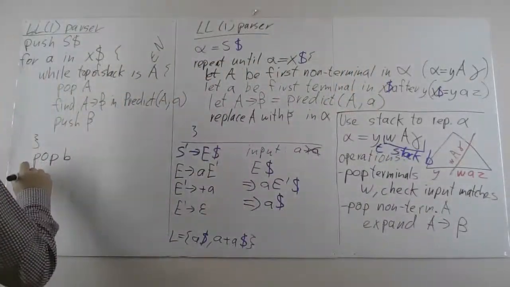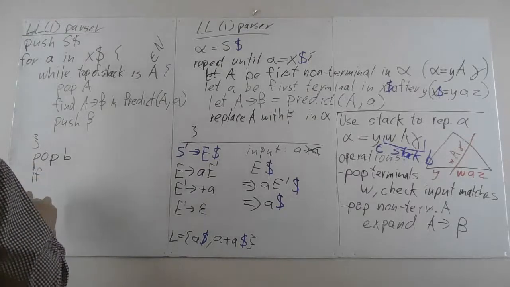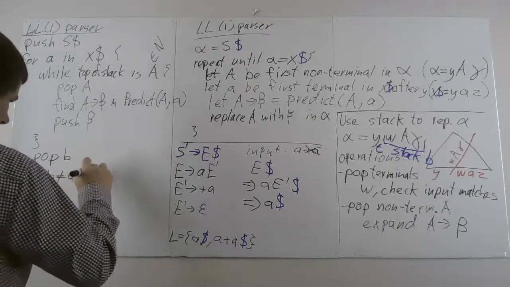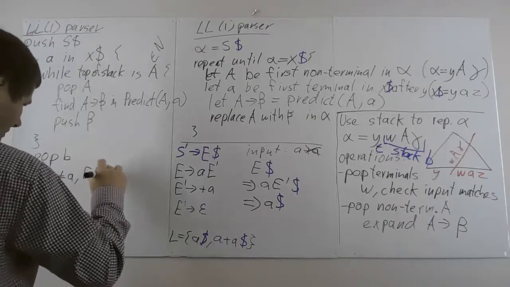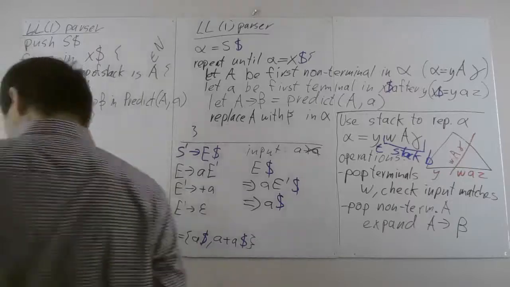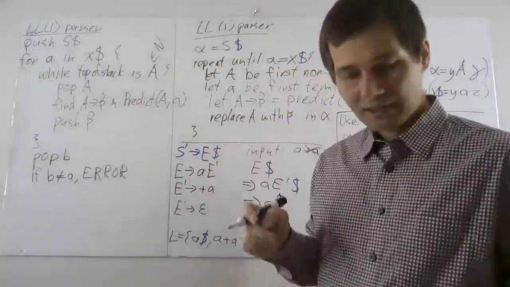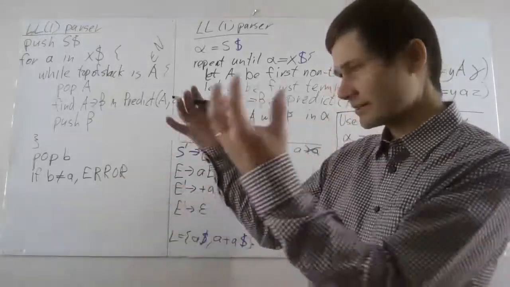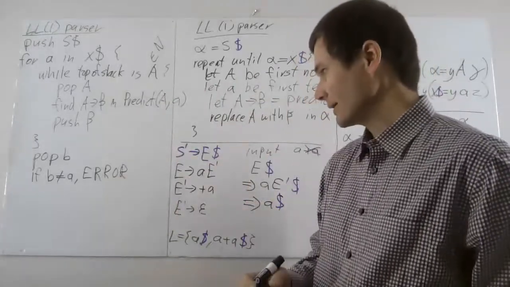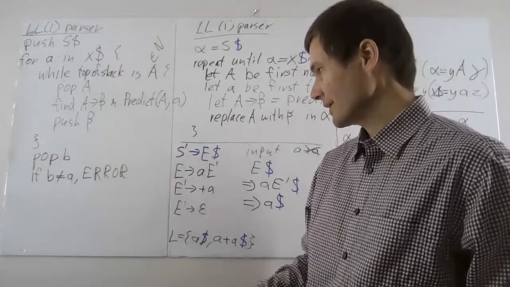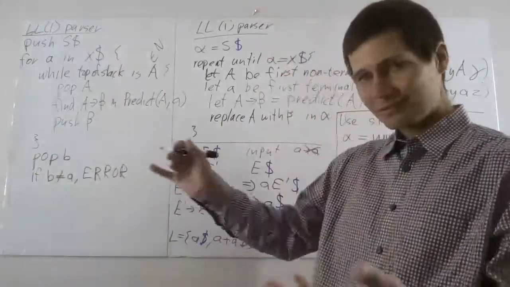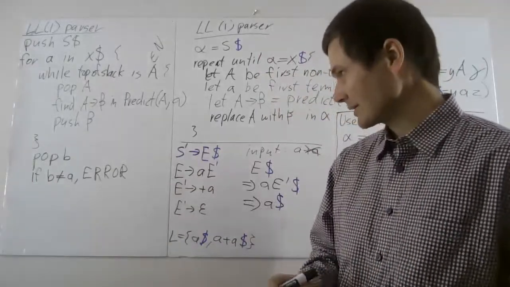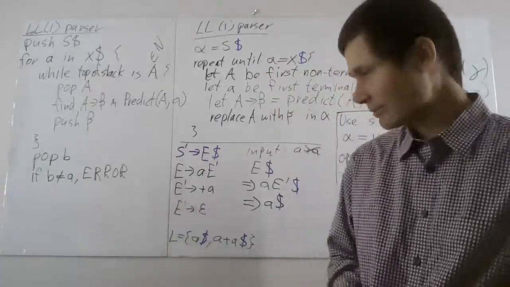And I'm going to check. So if B is not equal to A, then I'm going to give an error. And this is basically the grammar was saying that the next thing in the input should be B, but it was actually A, and so the string is not in the language of the grammar.